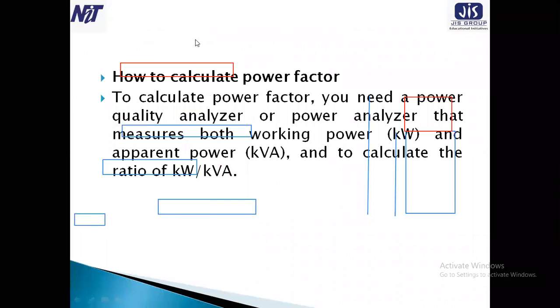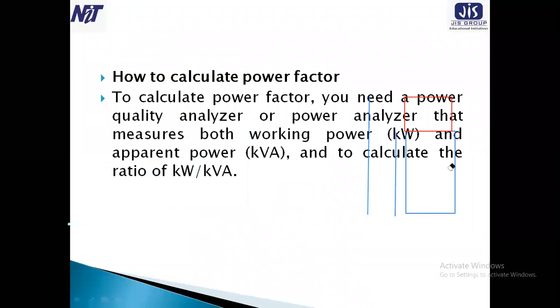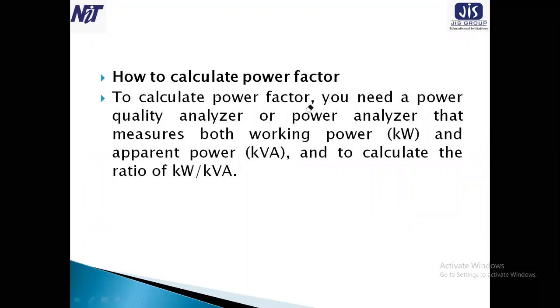So here, first try to understand how to calculate power factor. To calculate power factor, you need a power quality analyzer or power analyzer that measures both working power and apparent power, and to calculate the ratio of kilowatt by kVA, kilovolt ampere.